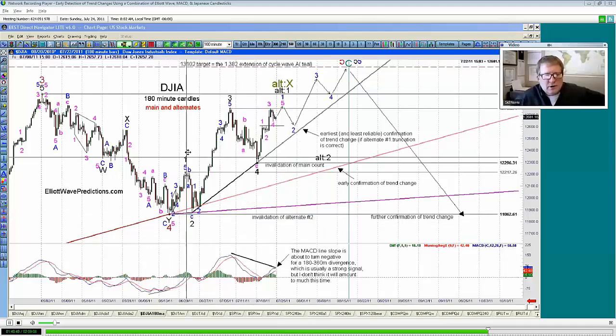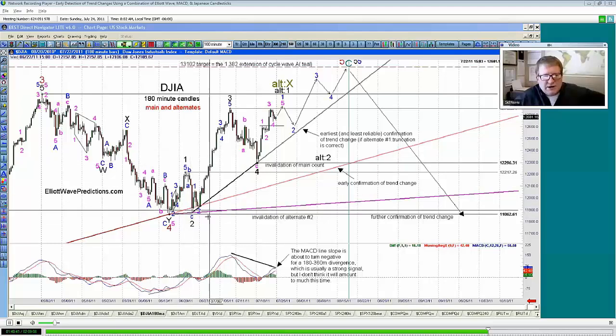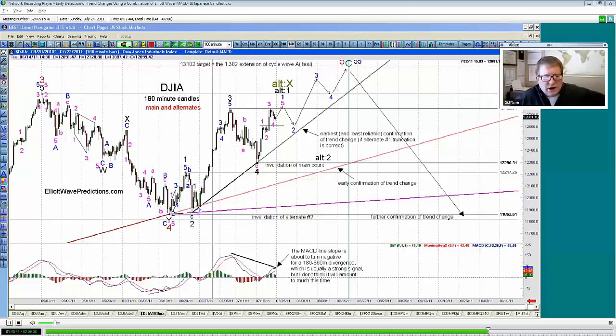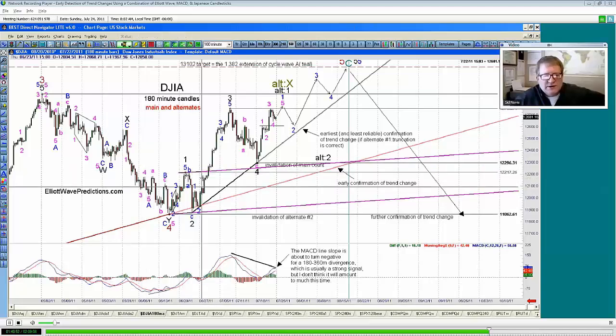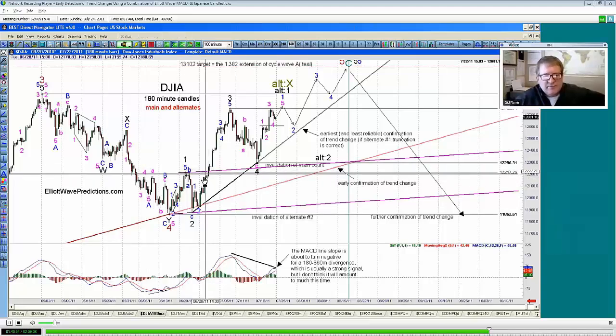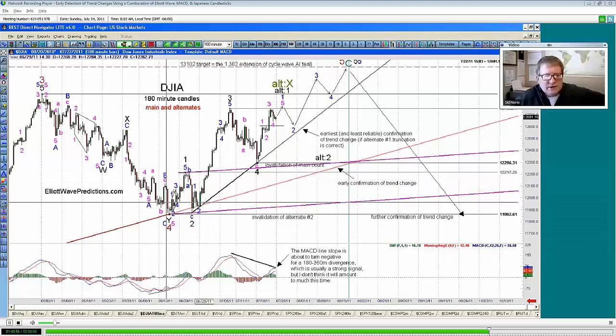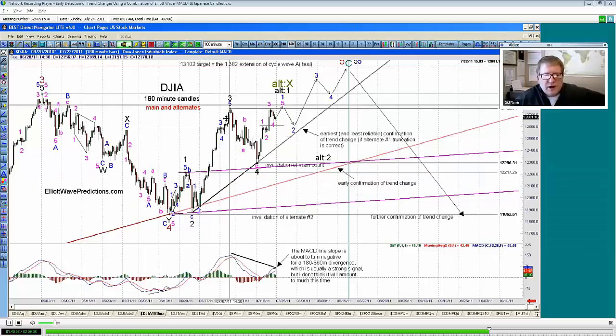So we don't know if this is going to be A, B, C, or what, so we draw a trend line there. Place it at the extreme of either the 1 or A, and you can see it just cut through it like a knife through butter. Another great signal that we're in a wave 3 here.